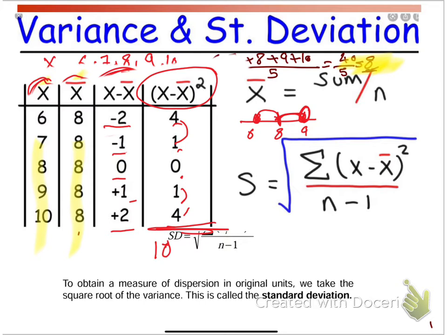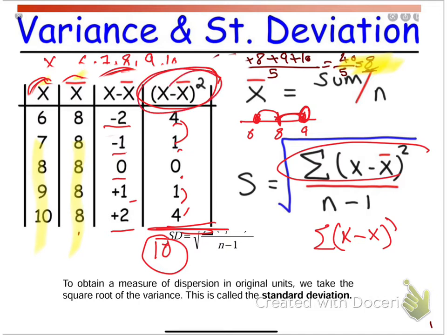The formula says the sum of x minus x bar squared, which we already got here. So by having this column and its sum, we directly get the numerator: the sum of x minus x bar squared.